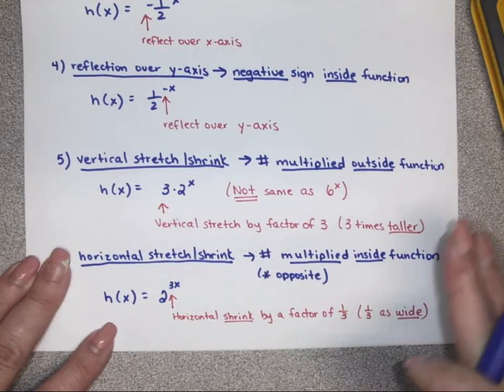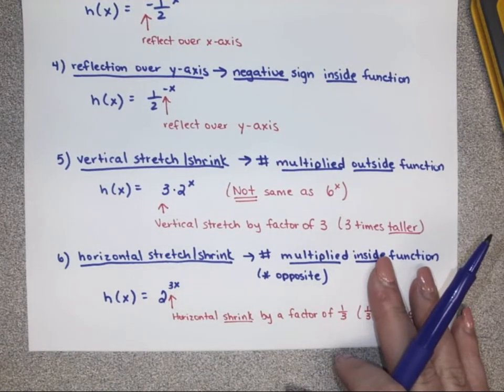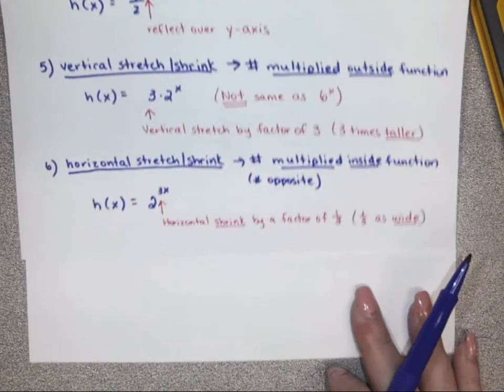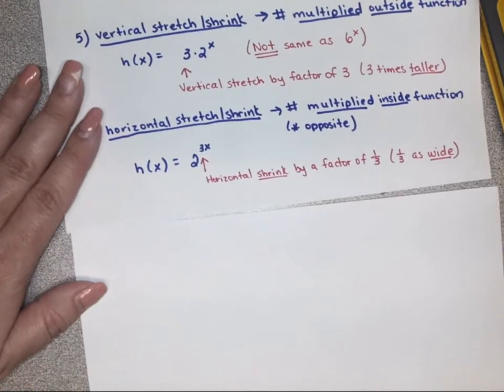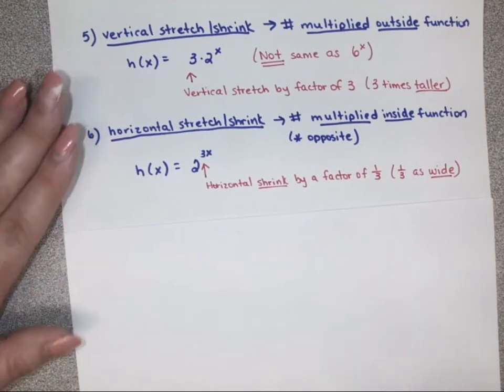Okay, so let's try one where you just have to describe what the changes are. We're going to stick with 2 to a power just because that's one that we've already graphed today.